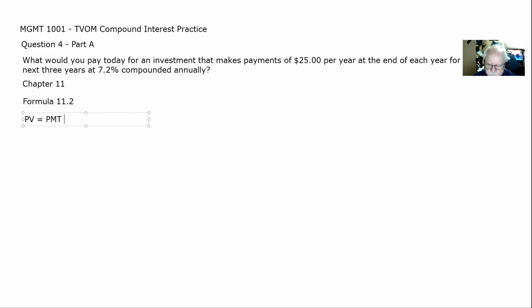Outside of one minus bracket 1 plus I to the power of, and we'll put this in brackets, negative n.